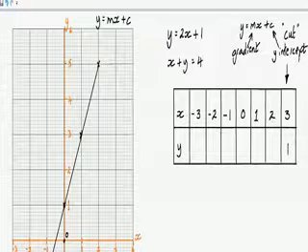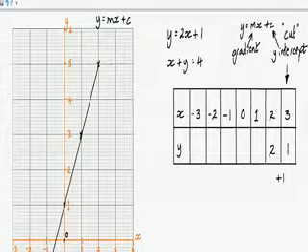Now x is 2, so 2 plus something gives me 4. So I know that 2 plus 2 gives me 4. Now I can see here that going from 1 to 2, I'm just adding 1.